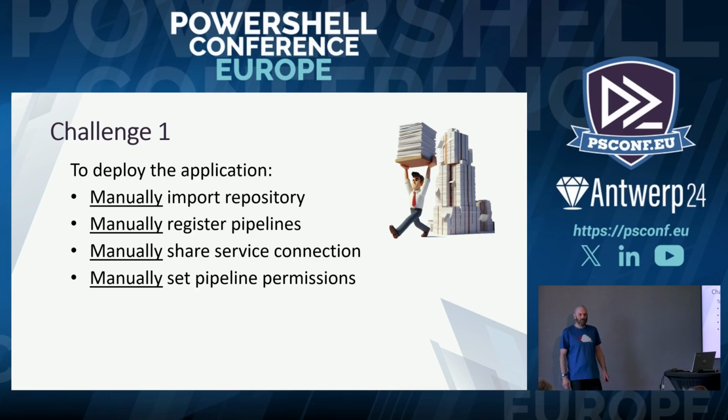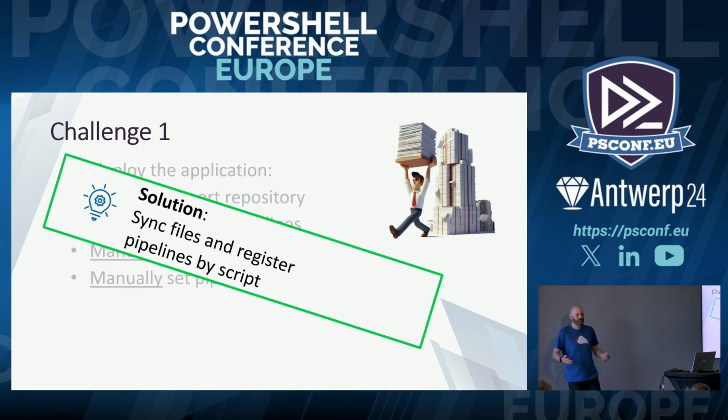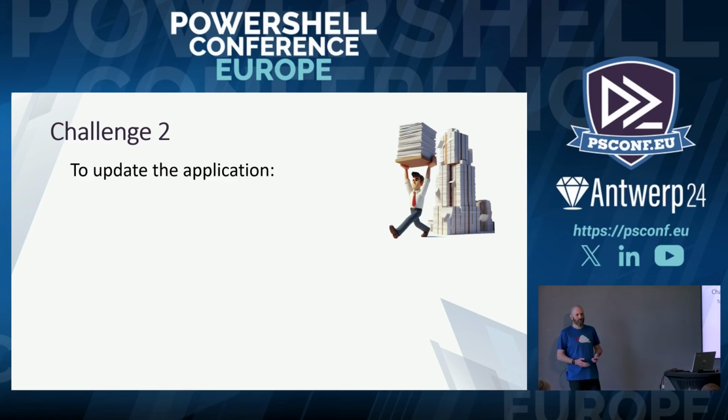So we came up with a solution, and the solution was a PowerShell script, of course. We created the script to do all that manual work for us. So far, so good. But then, when you have an update for the application, maybe there's a patch or a new feature, again, people had to import the code. And while all the pipeline registrations are already done, it's still a manual step.